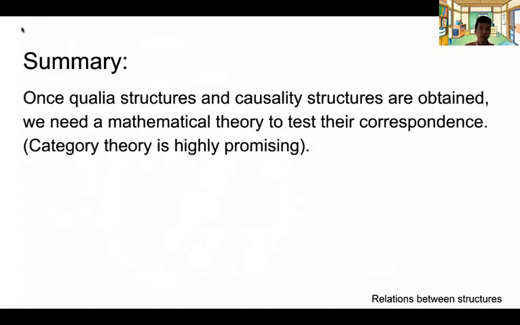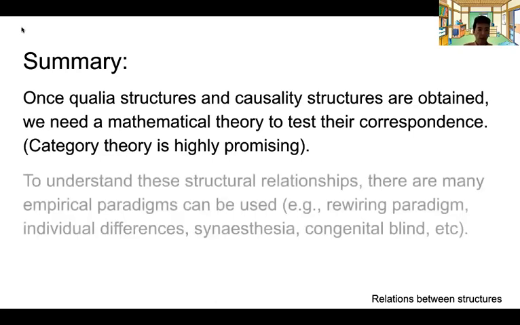So in summary, once qualia structures and causality structures are obtained, in the future possibly, we need a mathematical theory to test their correspondence. And I'm not talking about this particular part, but in other papers, if you're interested, I'm talking about this kind of stuff, category theory.